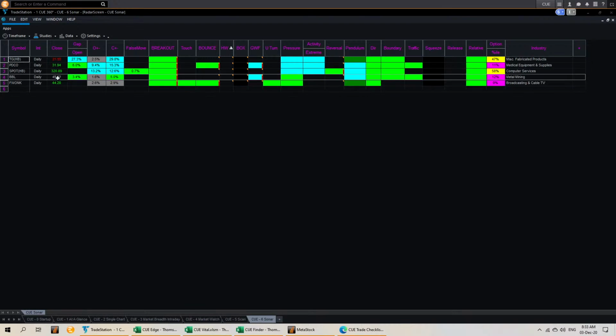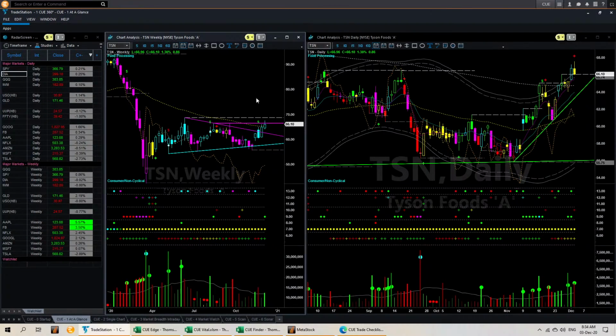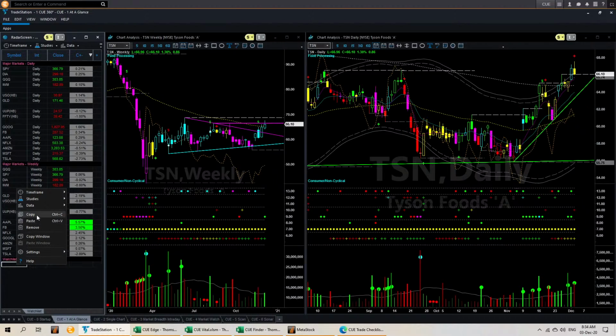So if you didn't want to see the signals here again, instead of pasting the ticker symbols on the full Q sonar, you may just go to the at a glance template, which also has a simplified radar. You may paste the symbols there. That is what I would normally do if I am transferring the symbols from QFinder to radar. I will paste it on the simplified radar.